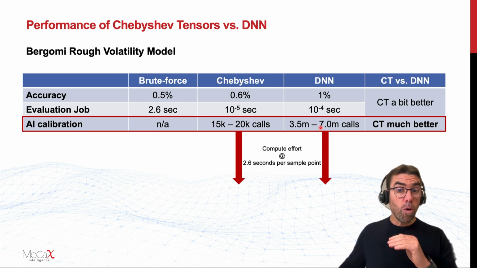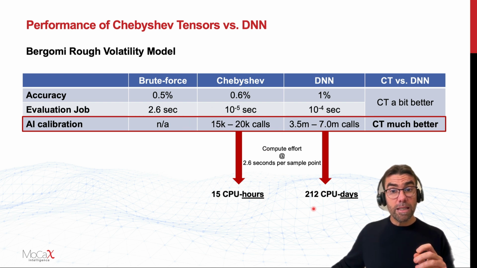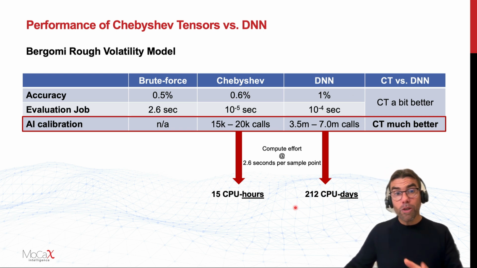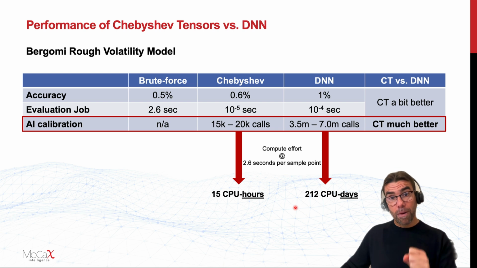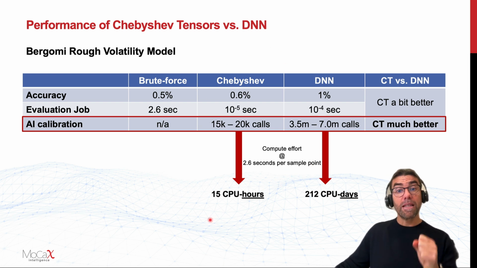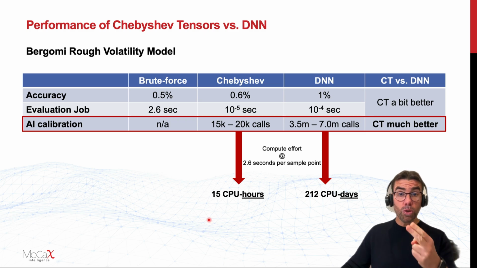So we're talking about a completely different order of magnitude. We're talking about 15 CPU hours here to calibrate this versus 212 CPU days here. So here you can see the power of smart sampling that Chebyshev Tensors provide. It really makes the calibrating effort of your machine learning function much, much more efficient. In this example, 2 orders of magnitude.